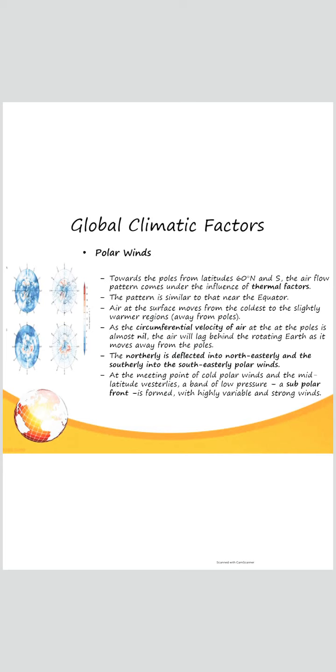As the circumferential velocity of air at the poles is almost nil, the air will lag behind the rotating Earth as it moves away from the poles. The northerly is deflected into northeasterly and the southerly into southeasterly polar winds. At the meeting point of cold polar winds and the mid-latitude westerlies, a band of low pressure, a subpolar front, is formed with highly variable and strong winds.